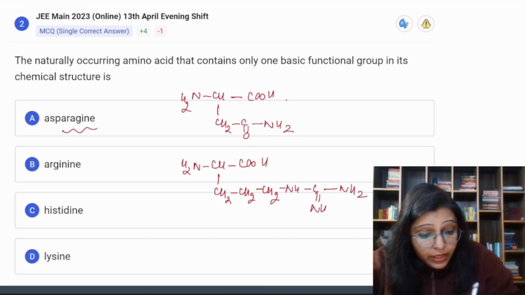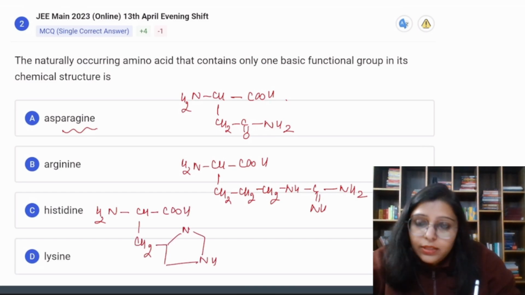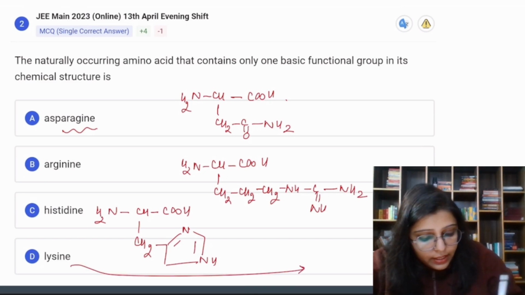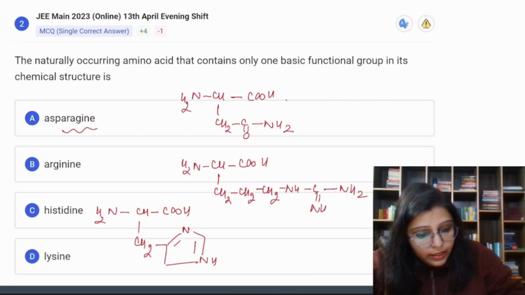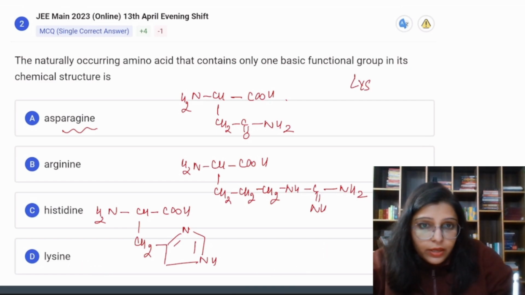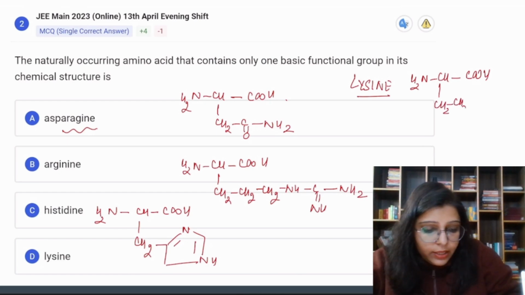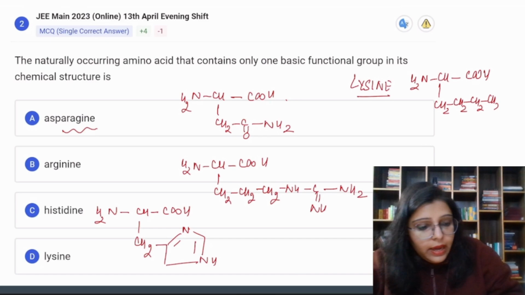Now histidine: NH2, CH, COOH, then CH2 and the ring containing nitrogen, this type of ring. Is it clear? So this is histidine. Now lysine is H2N, CH, COOH, and here we have CH2, CH2, CH2, CH2, NH2.